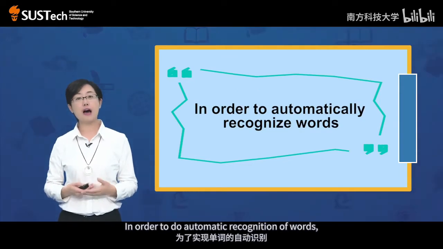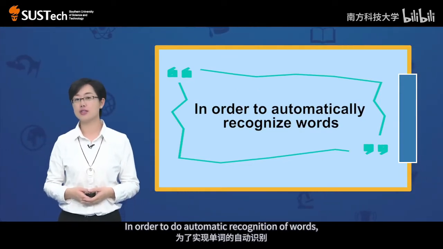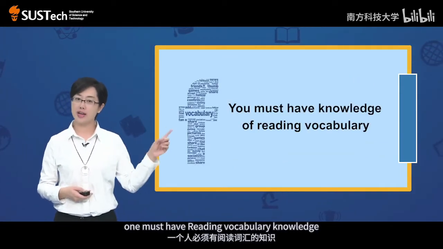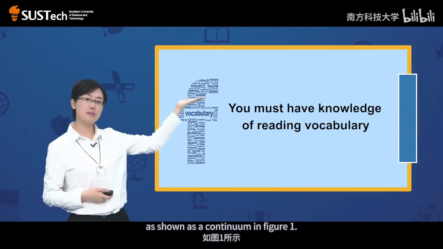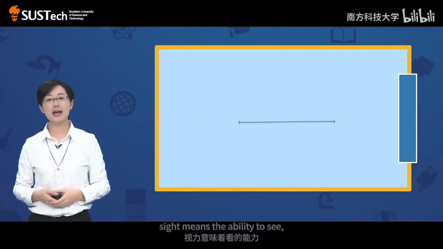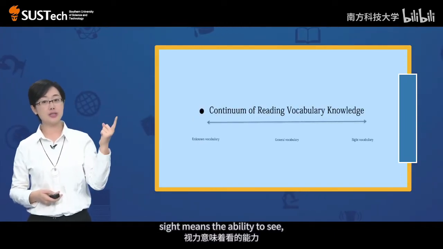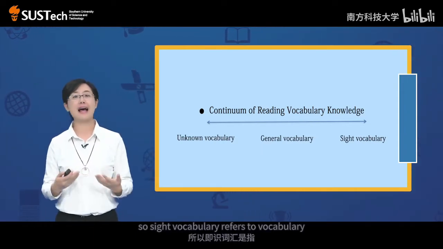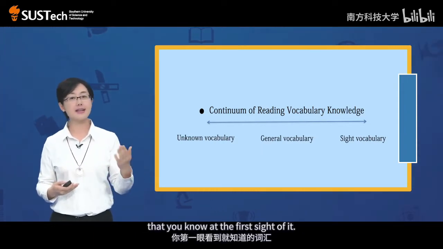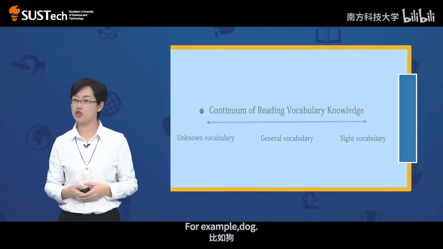In order to do automatic recognition of words, one must have a reading vocabulary knowledge, as shown in a continuum in Figure 1. Sight means the ability to see. So sight vocabulary refers to vocabulary that you know at the first sight of it, for example, dog.